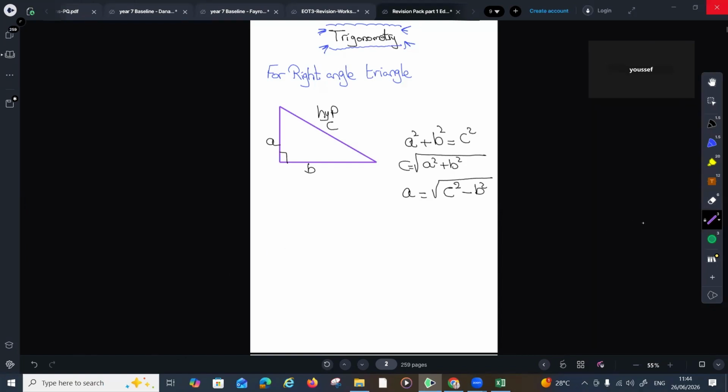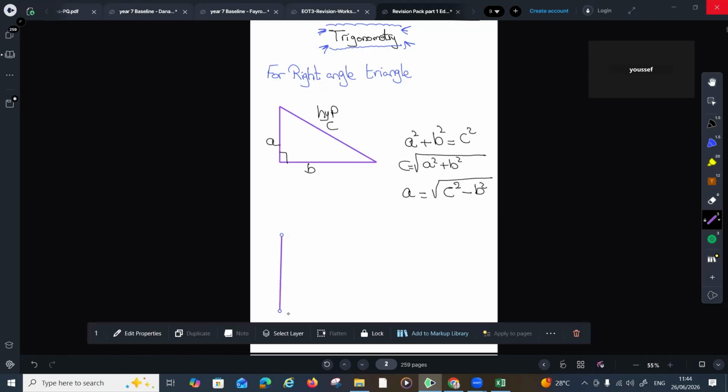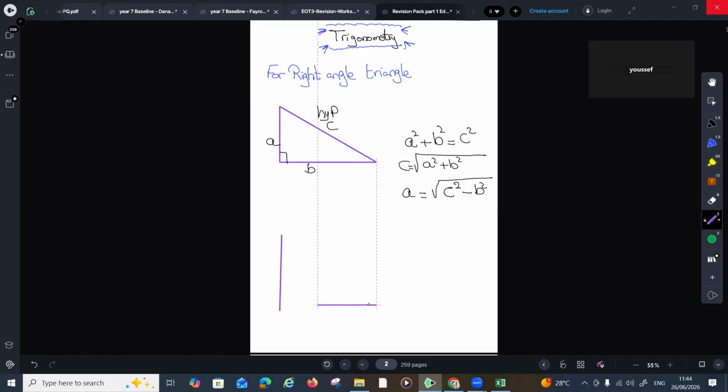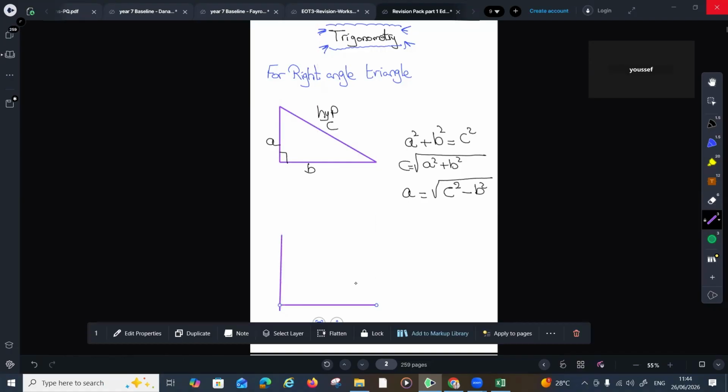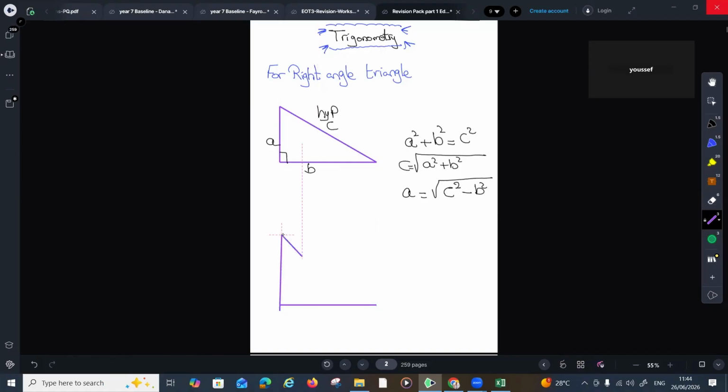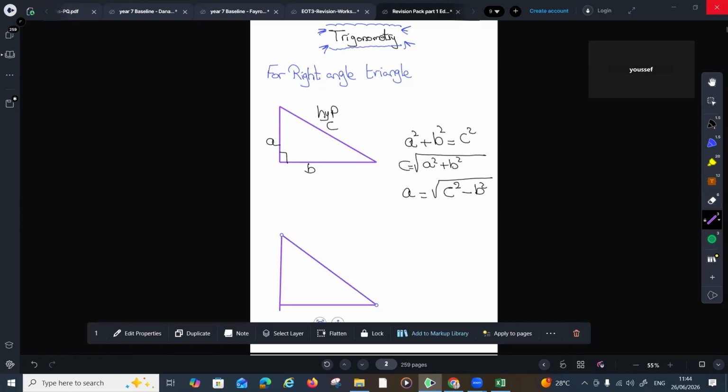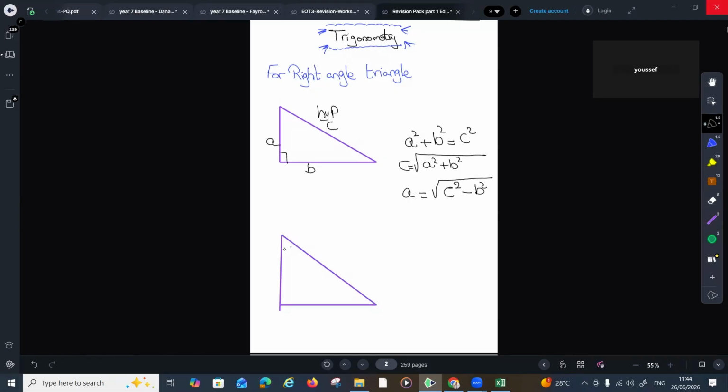Okay. So we were doing the right angle triangles and we missed the trigonometric ratios, okay? So if we have another right angle triangle, and we have an angle inside which is x, for example, okay? That's the right angle and that's the angle x.